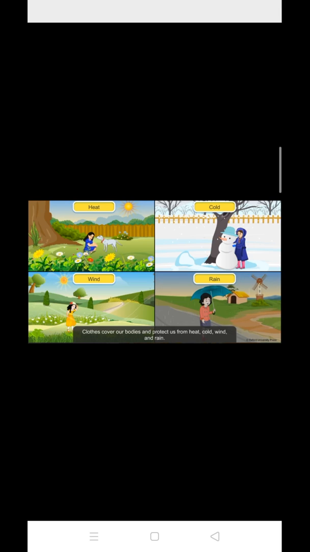Along with a house, we also need clothes. Clothes cover our bodies and protect us from heat, cold, wind, and rain. We wear different types of clothes depending upon the type of weather. We wear cotton clothes when it is hot.